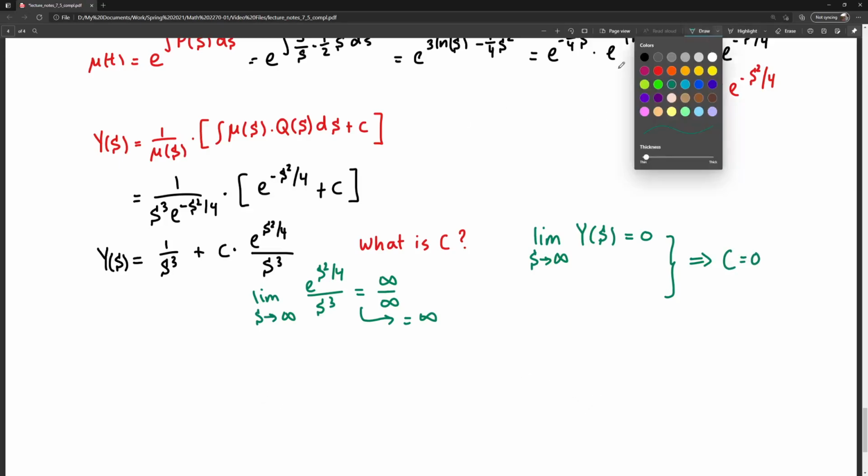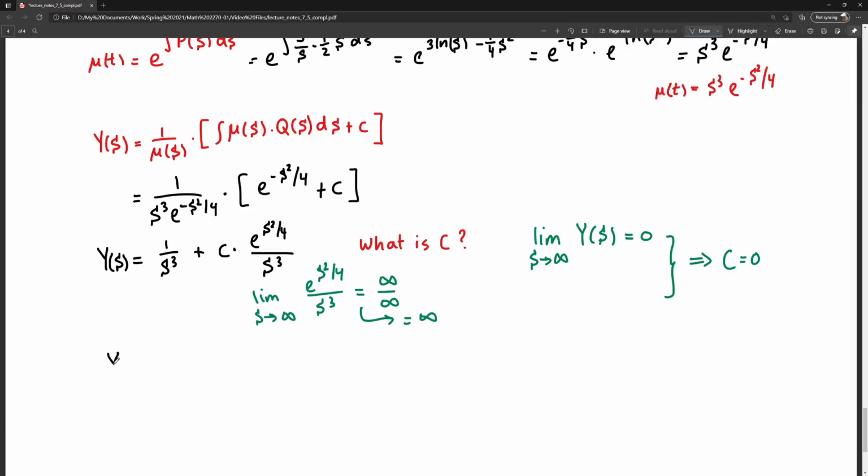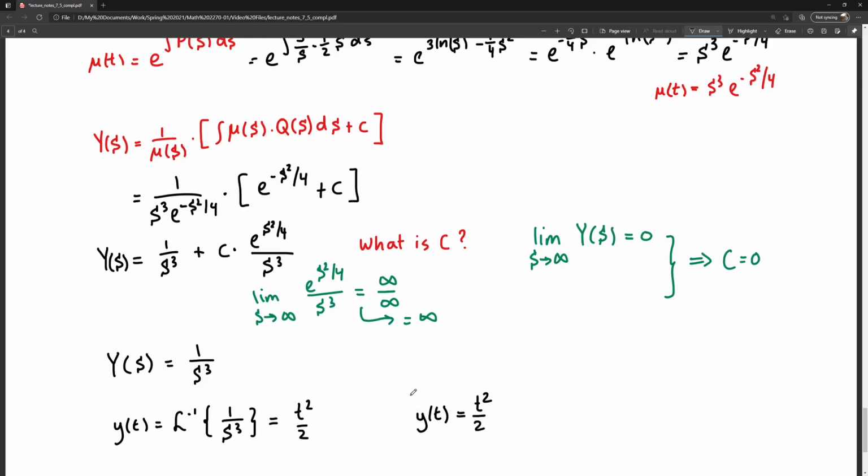And that means that y of s is actually 1 over s cubed. Then we can find y of t as the inverse Laplace of 1 over s cubed, and that turns out to be t squared over 2. So our solution to the differential equation is t squared over 2.